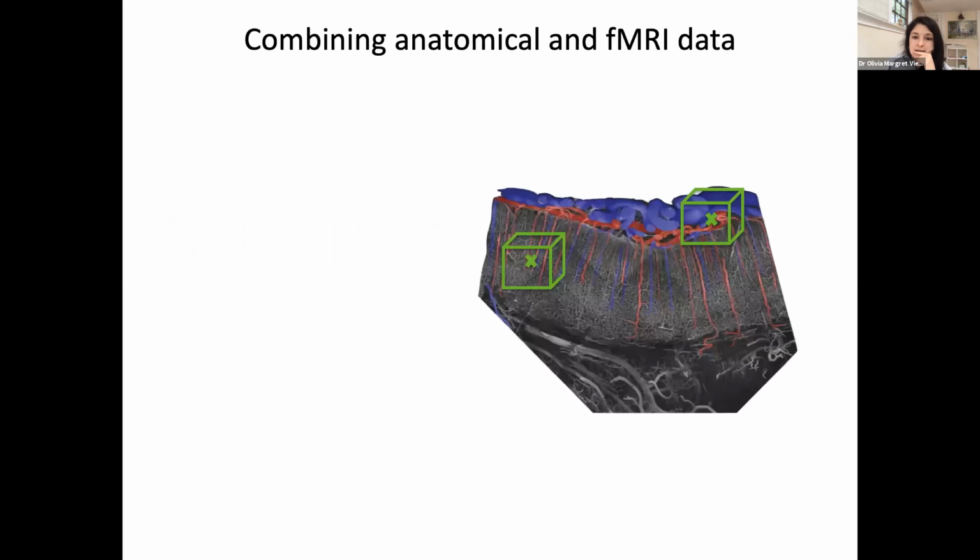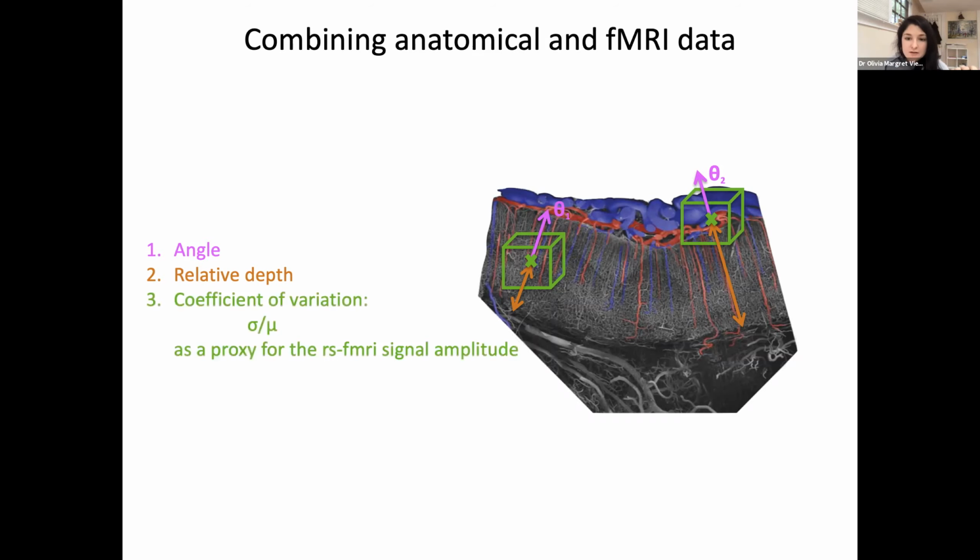We combine the orientation information from the anatomical scans with the fMRI data by assigning each voxel the orientation angle of the closest vertex to its center of mass. We then calculate the coefficient of variation, which is the ratio of the fMRI voxel's EPI time series standard deviation over its temporal mean, as a proxy for the resting state fluctuation amplitude.